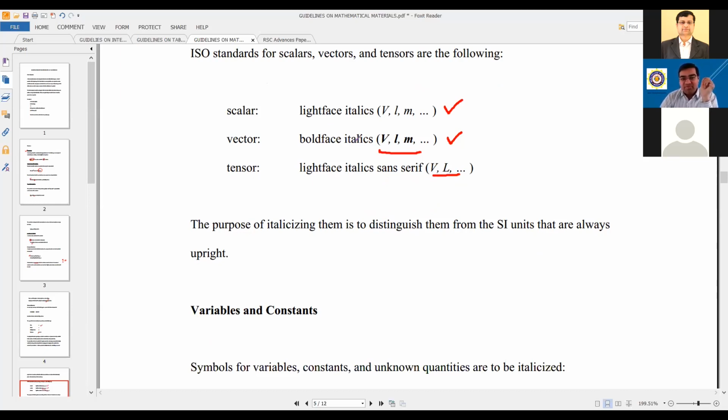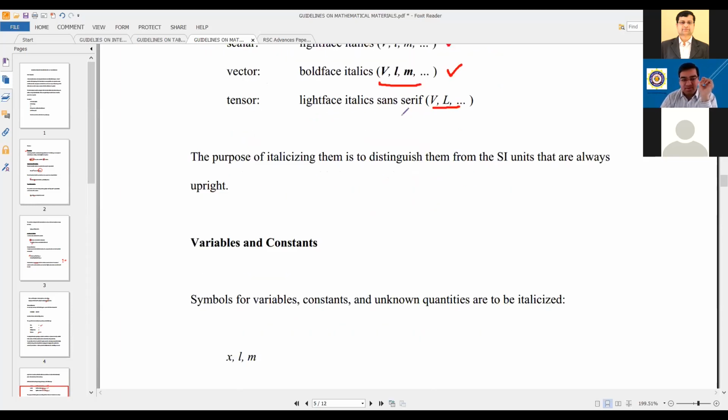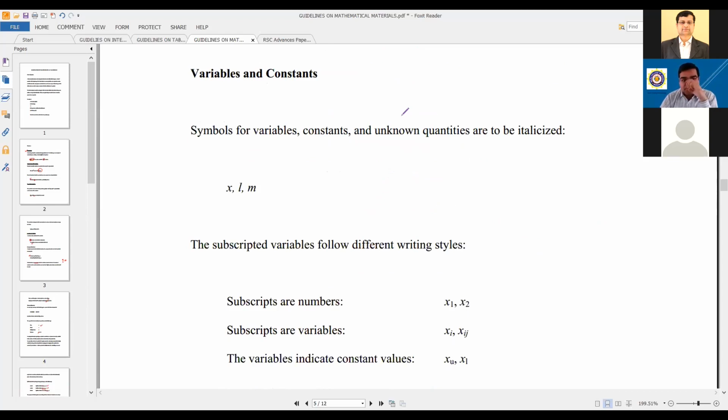Vectors are represented as boldface italics and scalars are lightface italics. Variables, constants and unknown quantities are in italics. If it is a variable, it will be in italics.